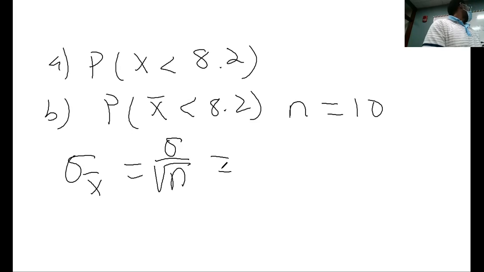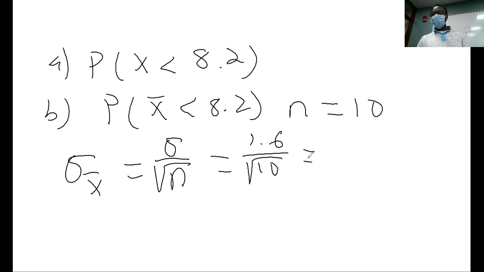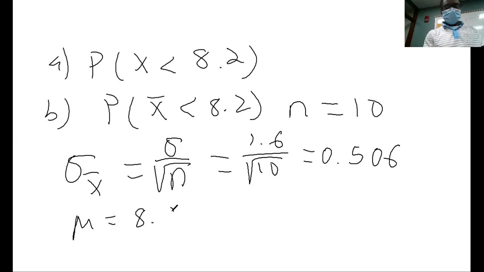So this becomes, standard deviation is 1.6 divided by root of 10. Not 0.5, 0.506. So now we are going to use the mean is 8.9 and the standard deviation is 0.506.